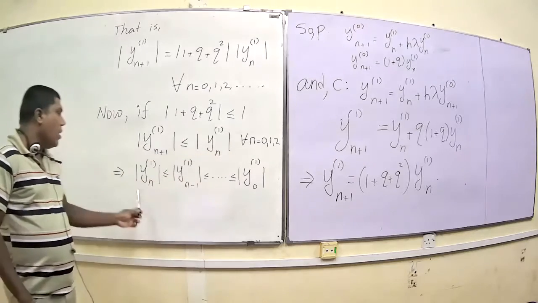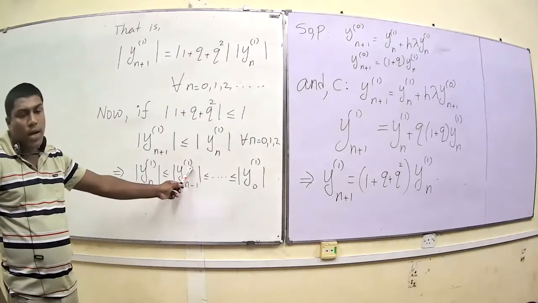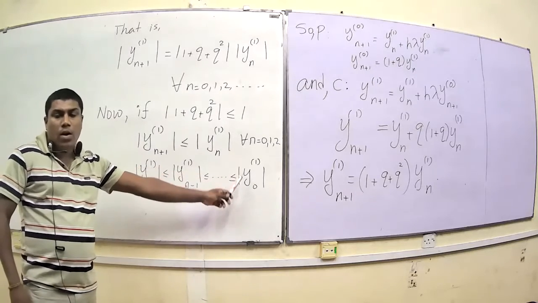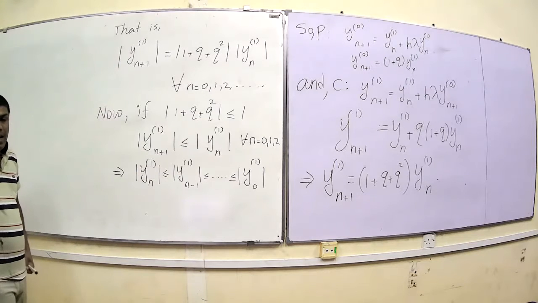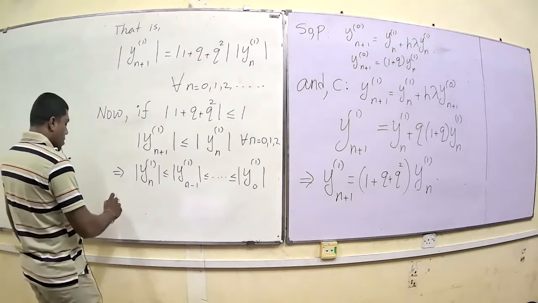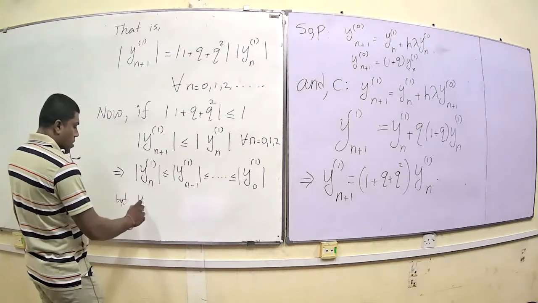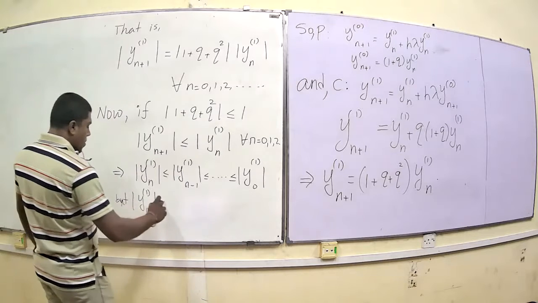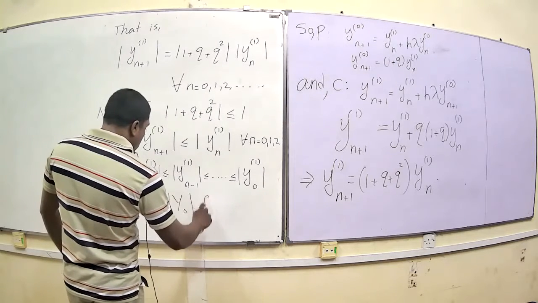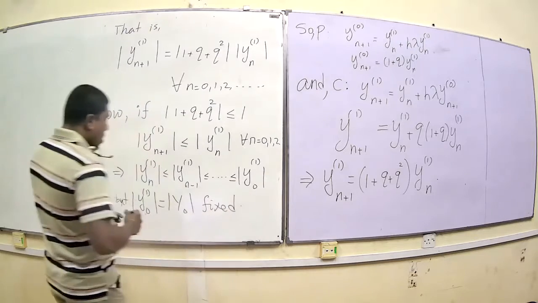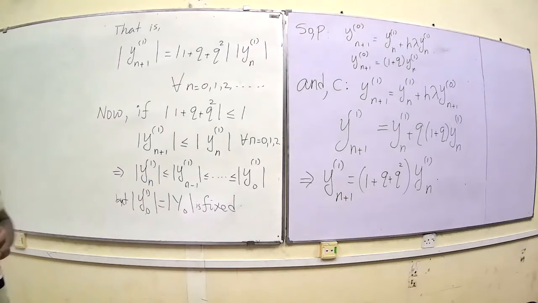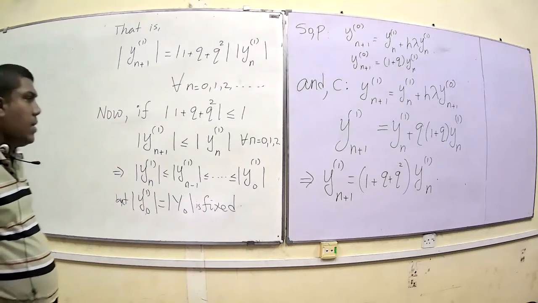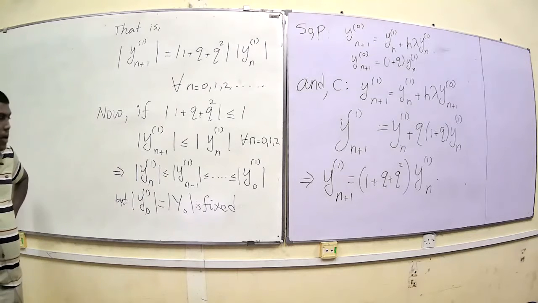If this is true for all n, then the absolute value of y_n is less than or equal to that of y_{n-1}, y_{n-2}, y_{n-3}, all the way up to y_0. But y_0 is the initial value, which is fixed, because the initial value is always fixed.